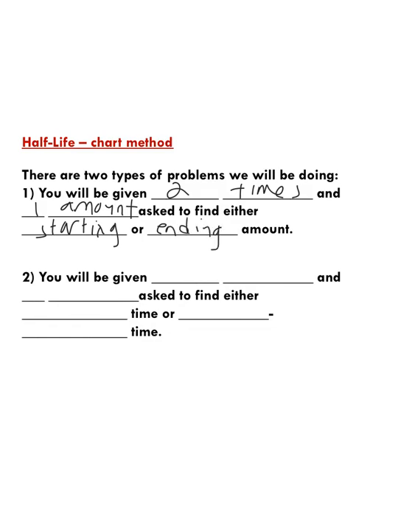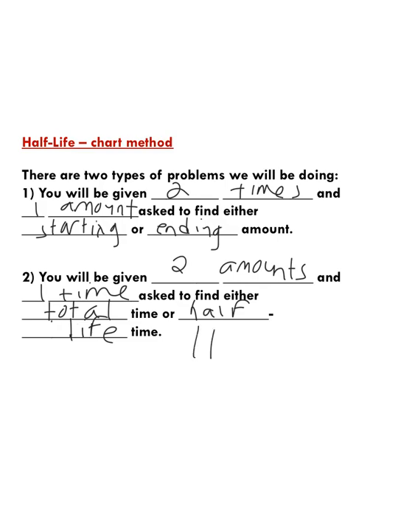The other type is you're given 2 amounts and only 1 time, and you're either going to be asked to find the total time or the half-life time. So from now on, anytime you see half-life, you can just abbreviate that HL.